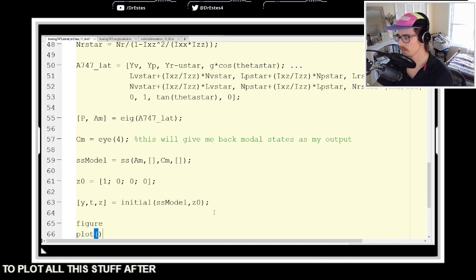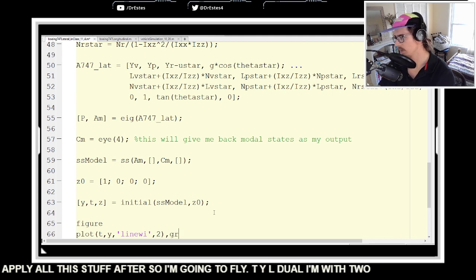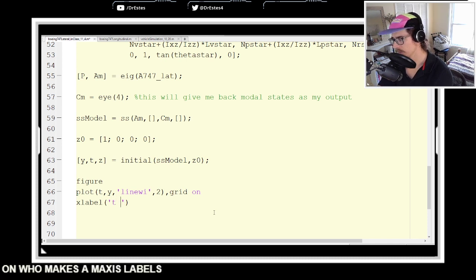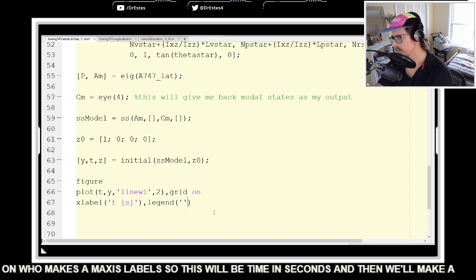So I'm going to plot T, Y, we'll do line width 2, we'll turn a grid on, we'll make some axes labels, so this will be time in seconds, and then we'll make a legend.